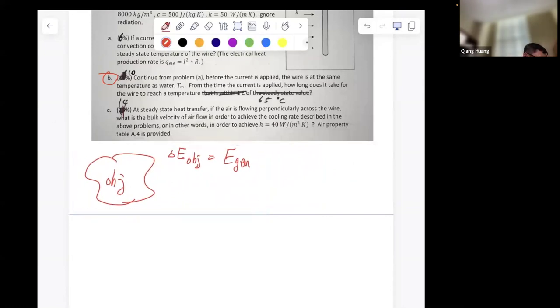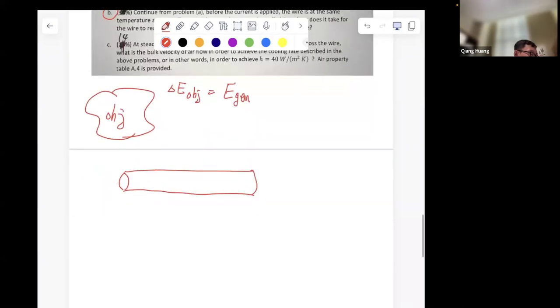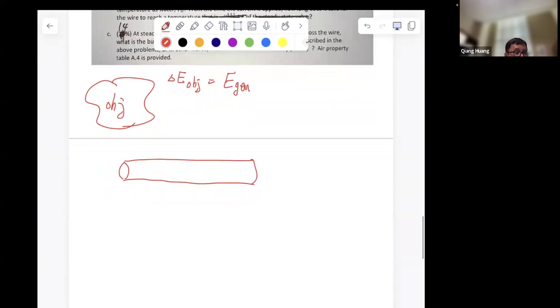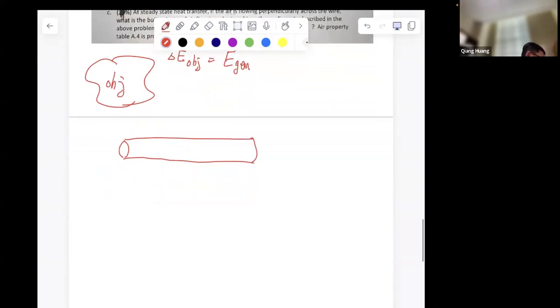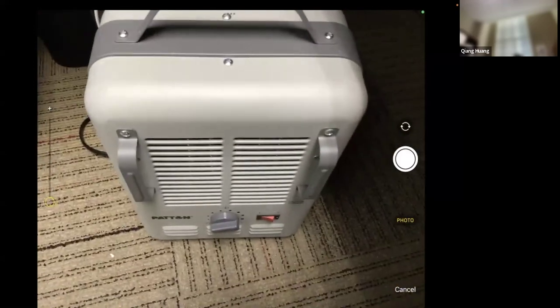What it does is, when you have an electrical heater like that, and for those of you, I have a space heater in my office, but I cannot show you right now. But let me take a picture of my space heater. So for example, if you have a space heater before, something like that, right?